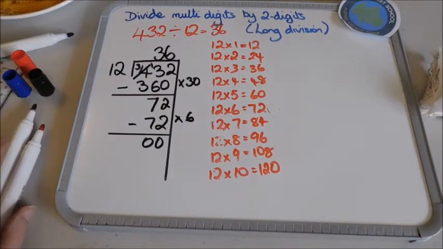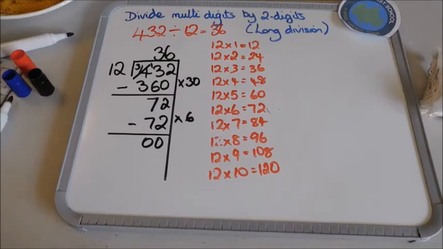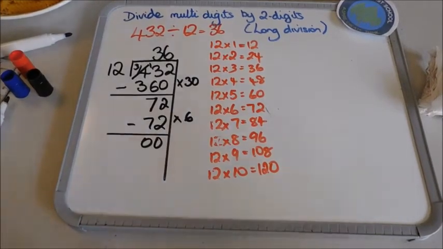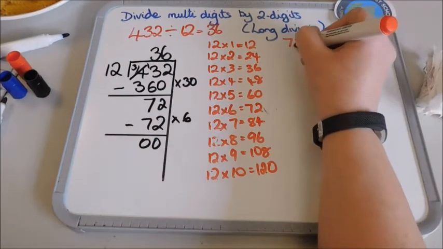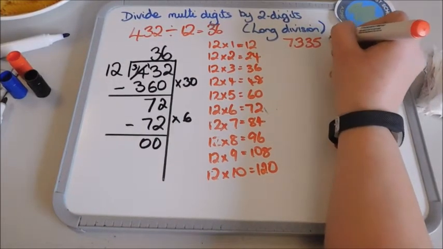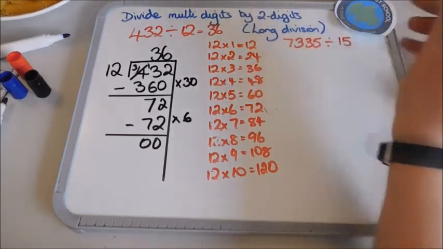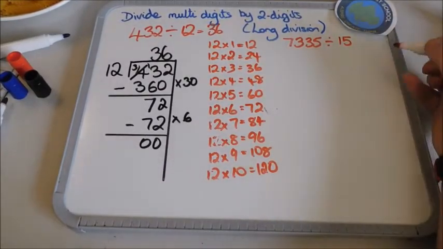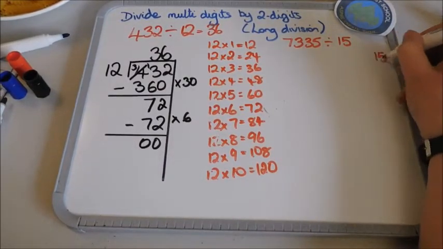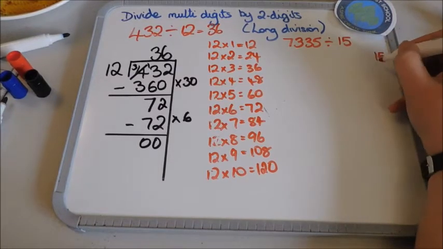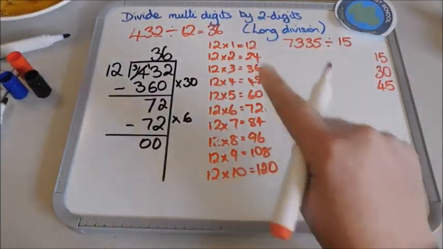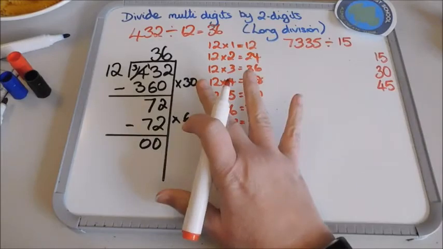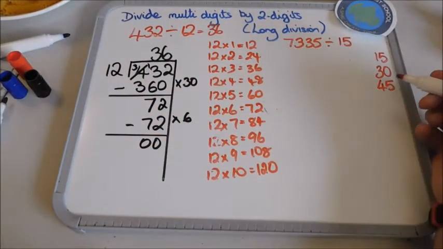Now I'm going to do another calculation on this side of the board, just so you can see how it works with another number. This time the calculation that I will focus on will be 7,335 divided by 15. We're going to use the same method. I'm going to write my multiples of 15, my 15 times table, down the side of the board. This time I've not written out the full times table, so it's up to your child if they do it this way or this way.